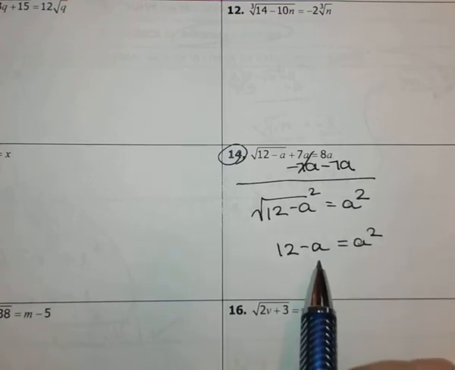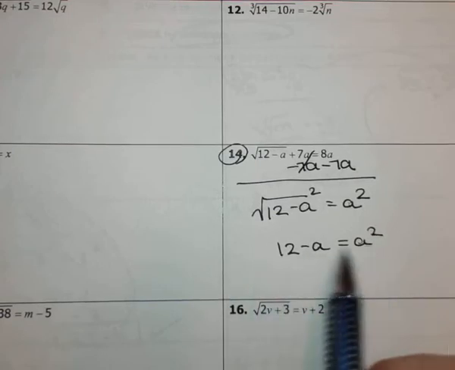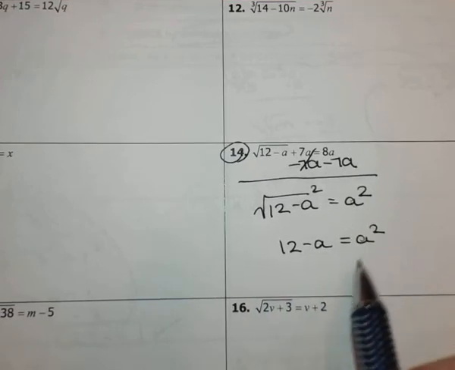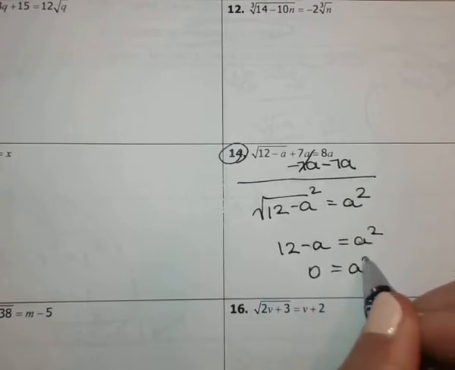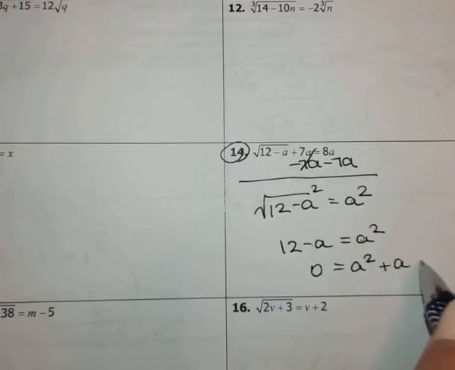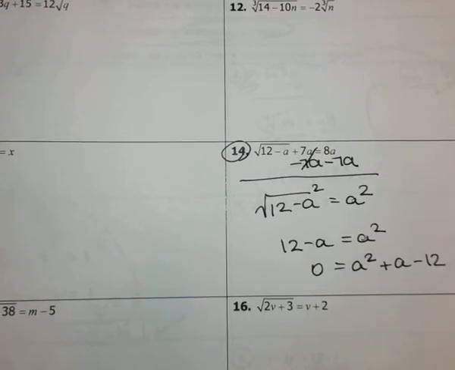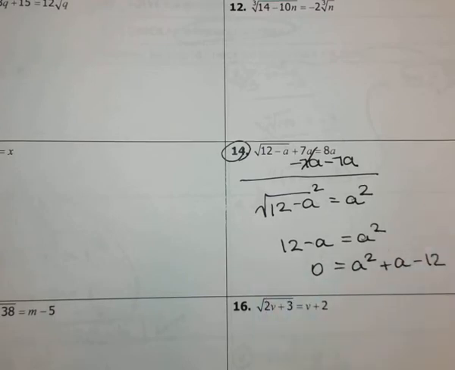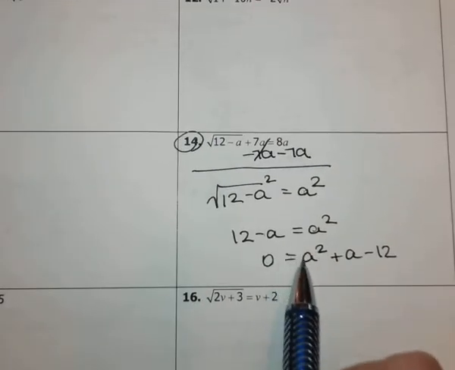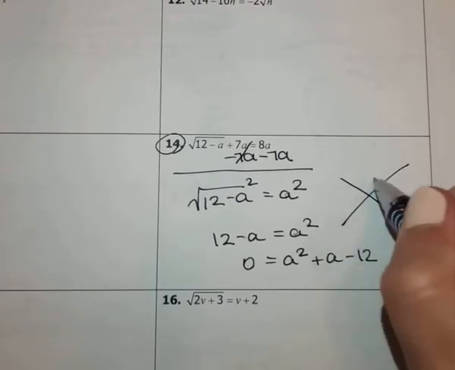Well, now if we want to solve for a, we're not left with a linear equation. So we want to get everything to one side. So I'm going to add over my a, subtract over my 12 to get this equal to 0. I did that in all one step, but if you want to add over your a, then subtract over your 12 in 2 steps, that's fine. Now we have a quadratic in standard form where you have to factor.